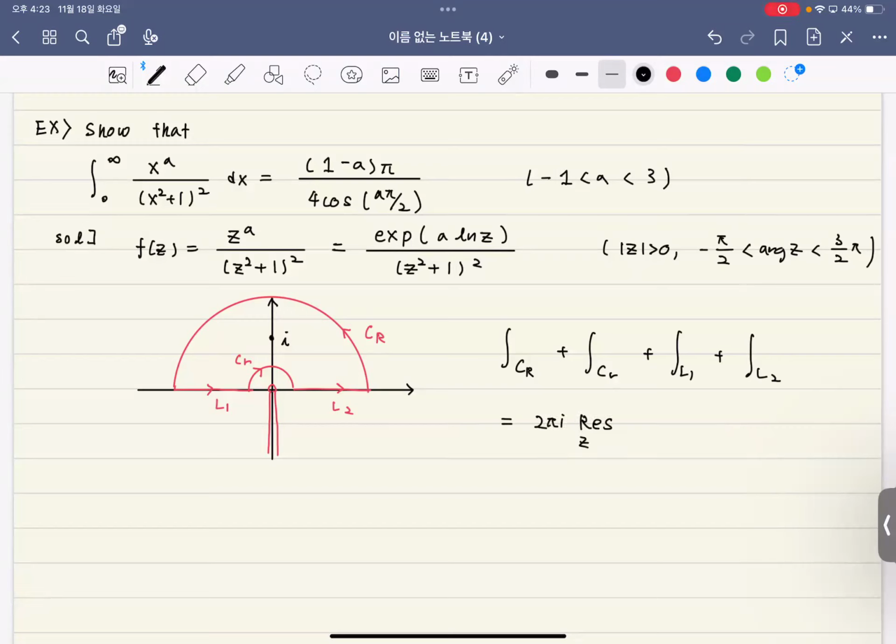So the modulus of the integral over C_R of z to the a over (z squared plus 1) squared dz is bounded by R to the a over (R squared minus 1) everything squared, times the length of the curve, which is pi times R.